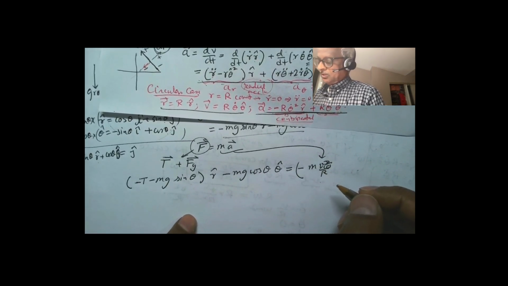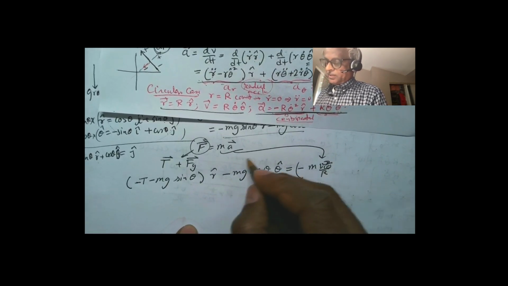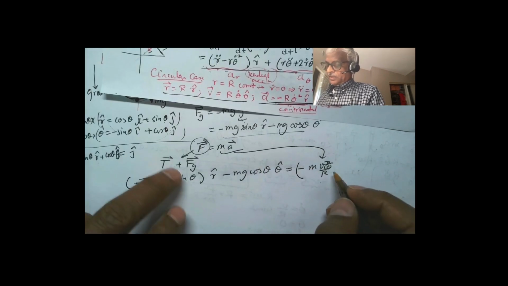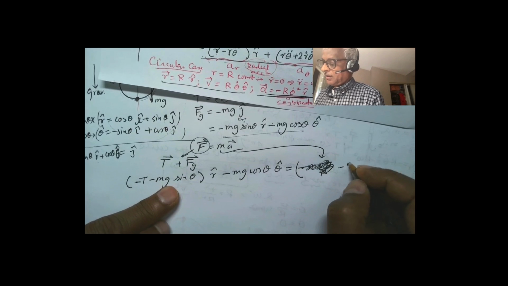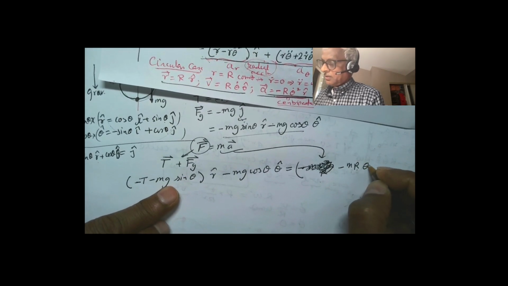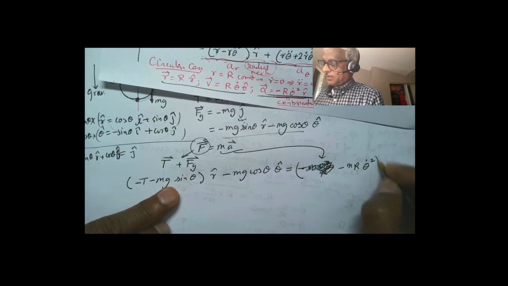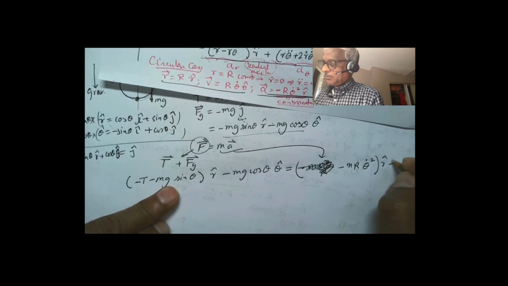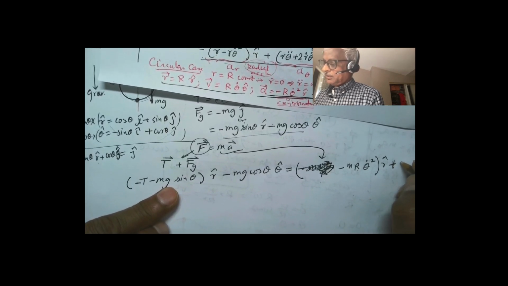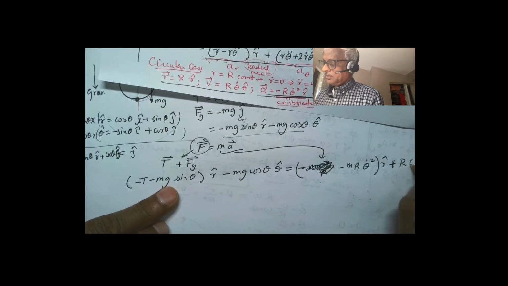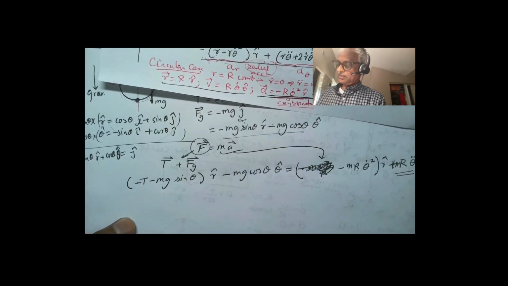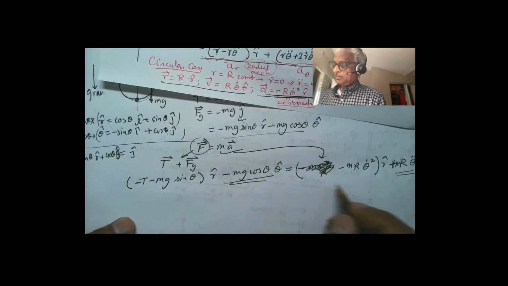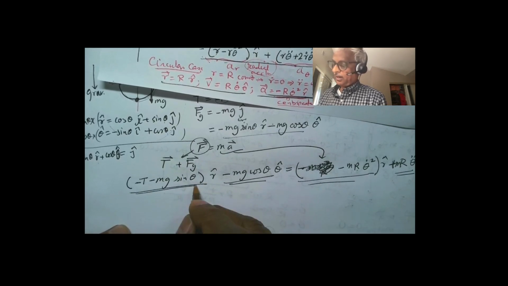So maybe just leave it like that, minus mr theta dot square r hat plus r theta double dot theta hat and m. So you can see that this equals that and this equals that.